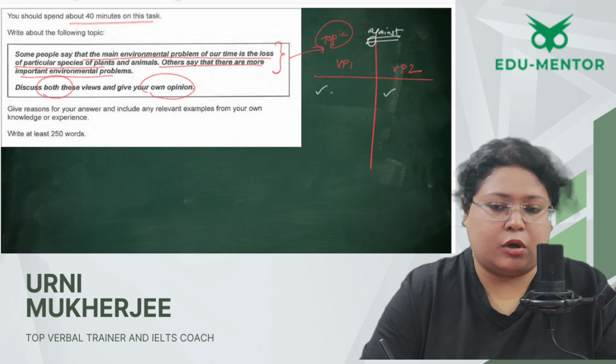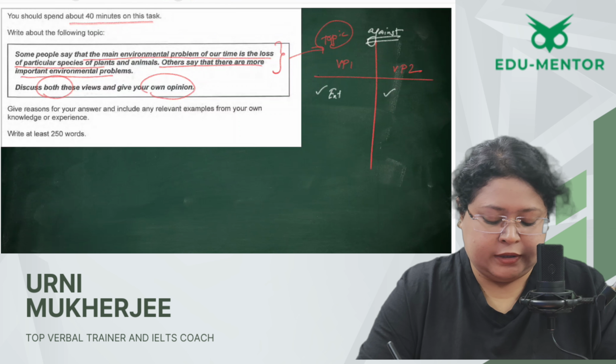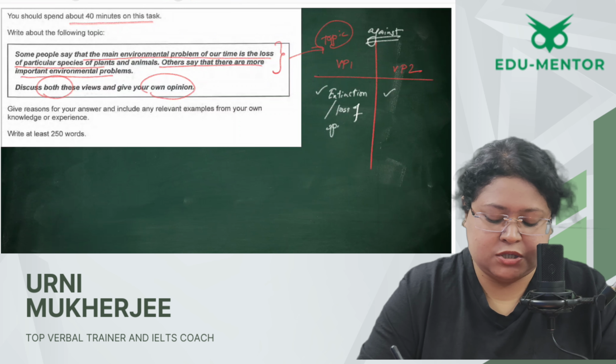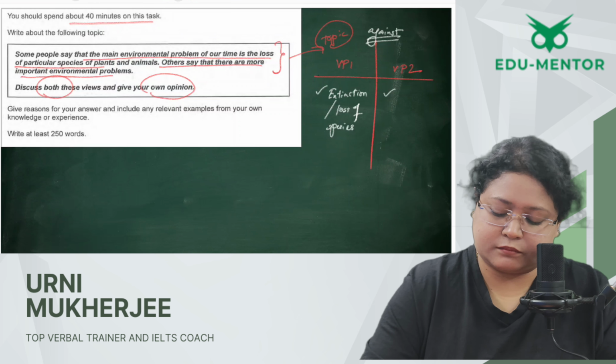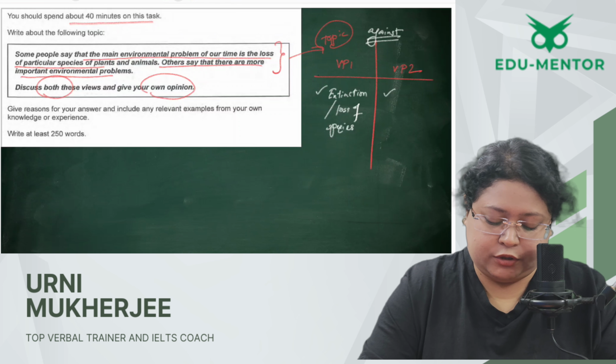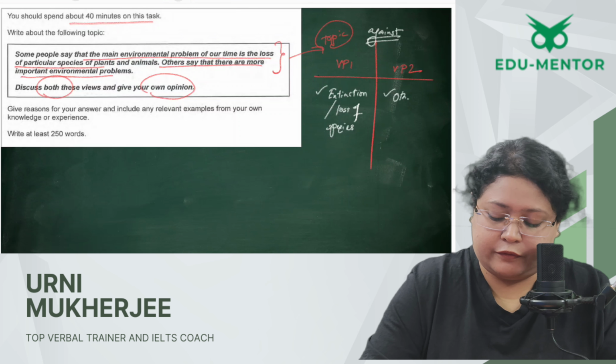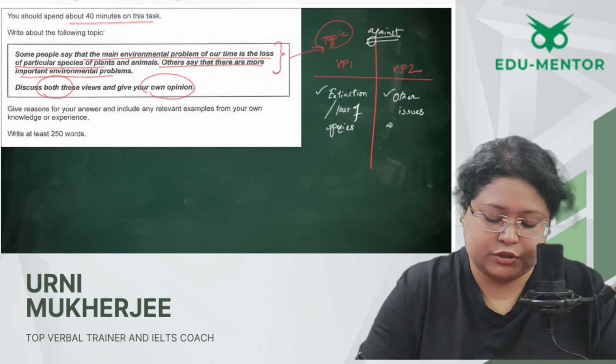Something like pro-con oriented. So the first thing that says, some people say the main environmental problem of our time is the loss of particular species of plants and animals. So they have given you the loss of species as a main environmental issue.